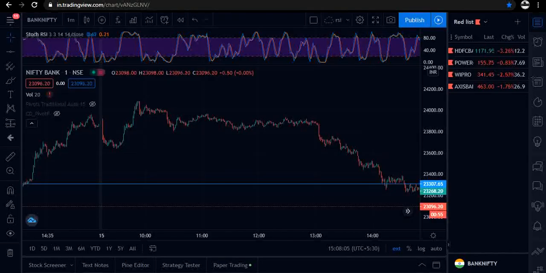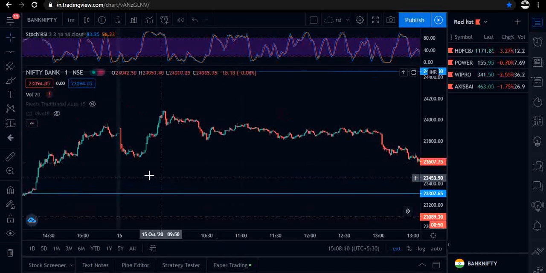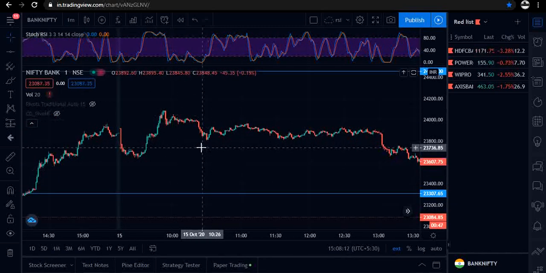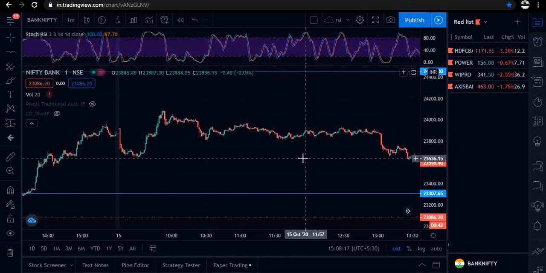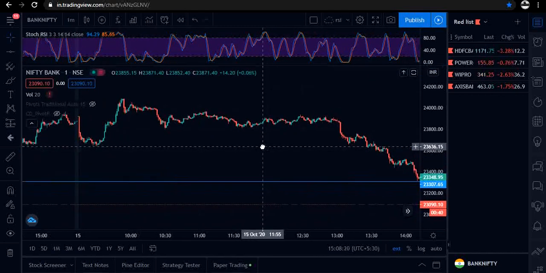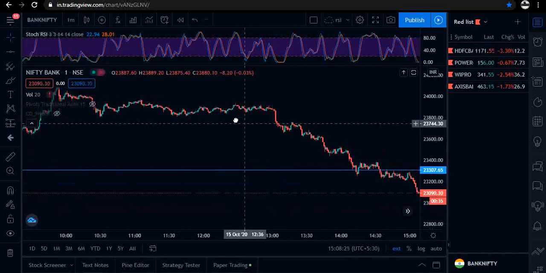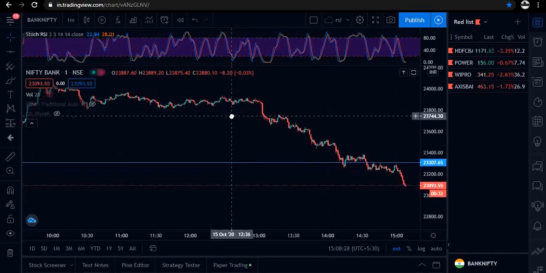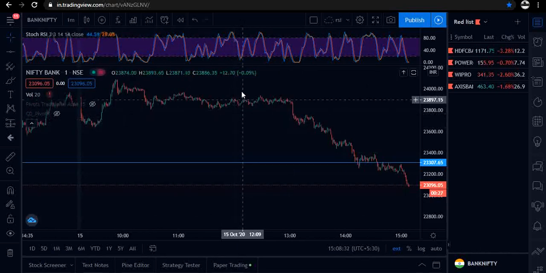Now coming on to the bank nifty traders, you can see here that after going upside, bank nifty came into the consolidation. It made consolidation here, and after 1 p.m. it gave a sudden momentum towards downside, and you can see here the fall, which resulted in trigger of our stop loss of bank nifty options selling setup.